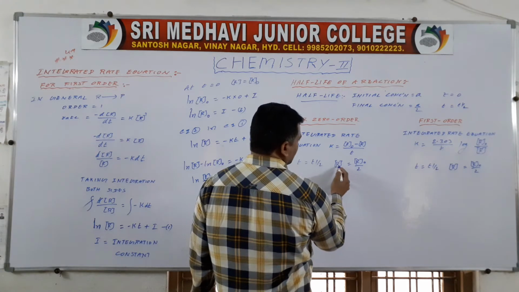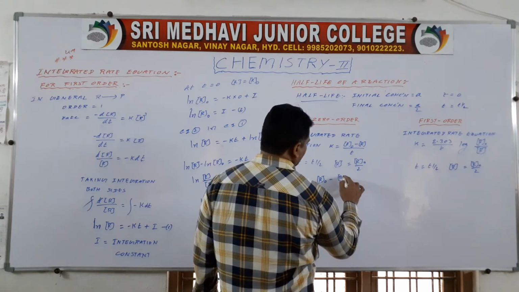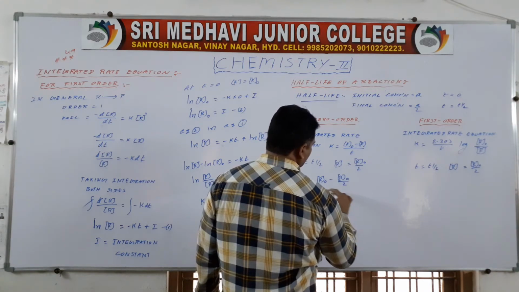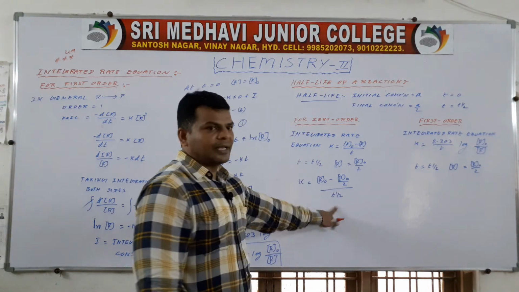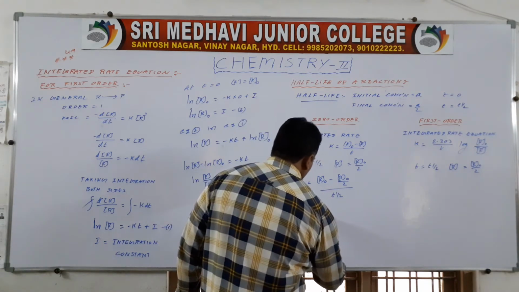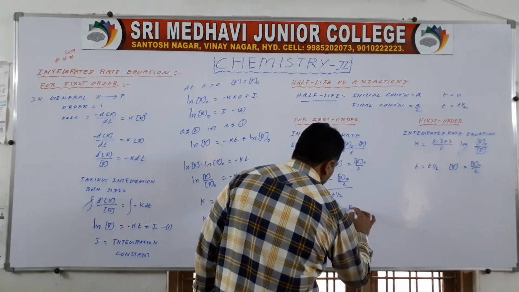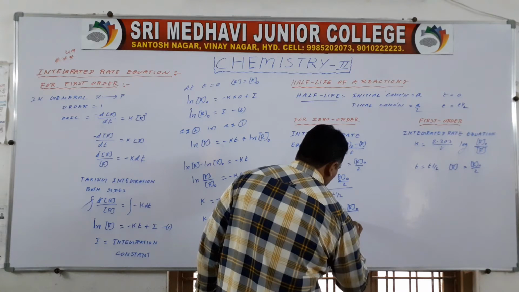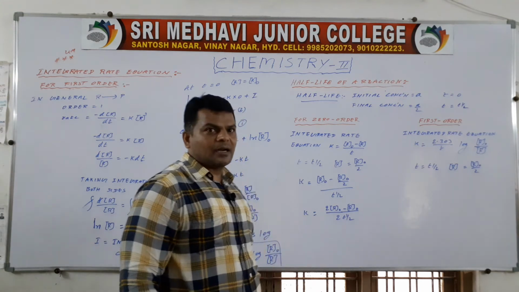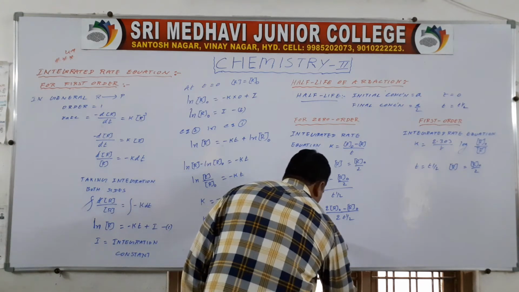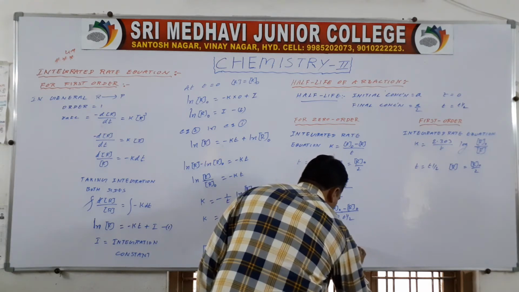Then I substitute these two values. For 0 order, k equal to R naught minus R naught by 2, all by t half. Taking LCM, k equal to 2 R naught minus R naught by 2 t half, which is R naught by 2 t half.